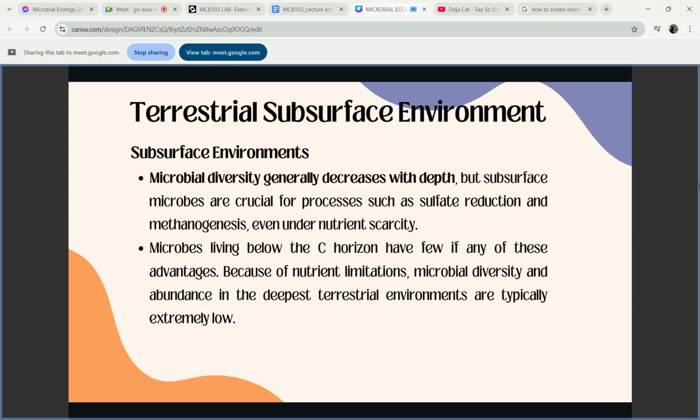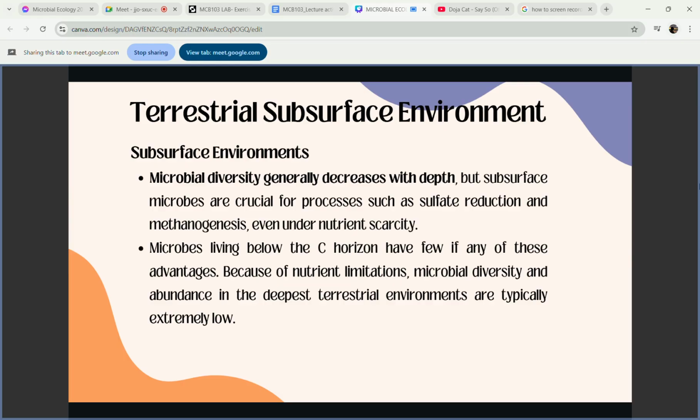So we have the other primary terrestrial environment, the subsurface environment. Just like I said a while ago, microbial diversity generally decreases with depth, but subsurface microbes are crucial for processes such as sulfate reduction and methanogenesis, even under nutrient scarcity.